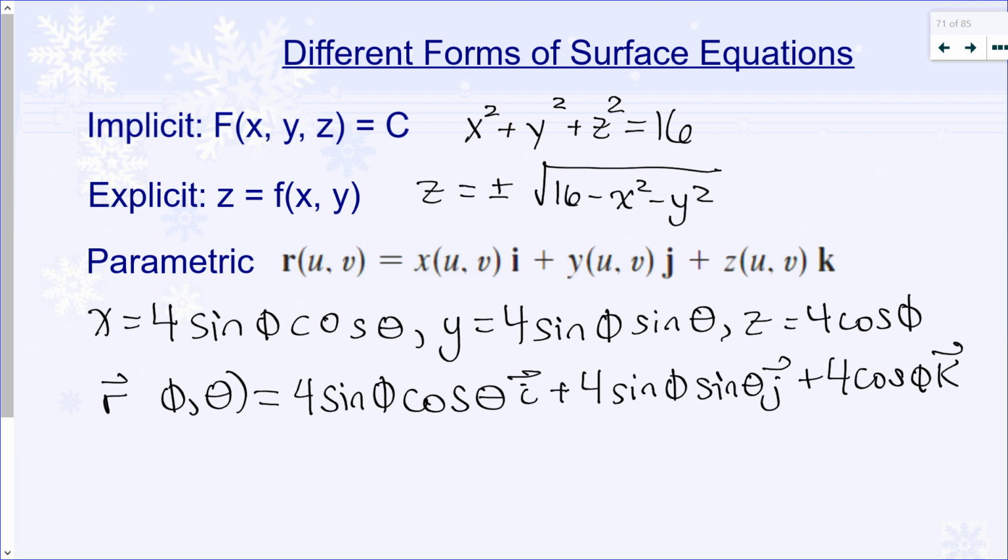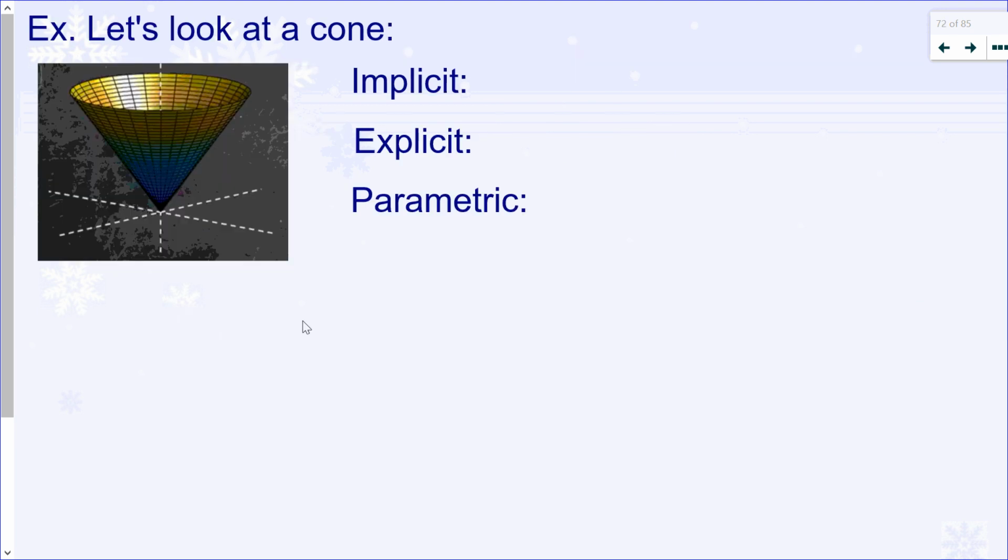So if we look at, for example, just our standard cone, let's look at the explicit form first. z would equal the square root of x squared plus y squared. This was the general equation of a cone that we learned when we learned about different surfaces, like our paraboloids, our ellipsoids, our hyperbolic paraboloids.